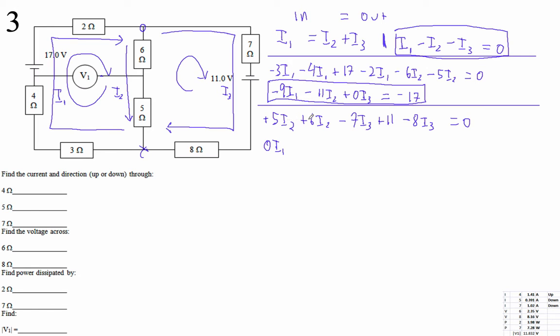I think it's plus 11I2. How much here? 15, right? There's 15 total I3s, and it's minus. And then this 11 has to go on the other side, so it's going to be negative. Is that right? Yeah, that's right.